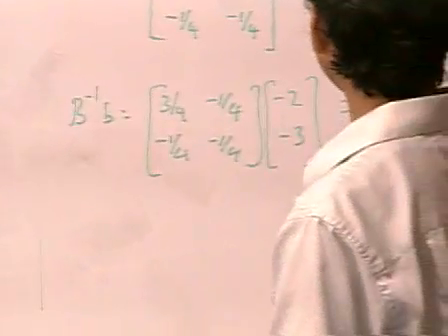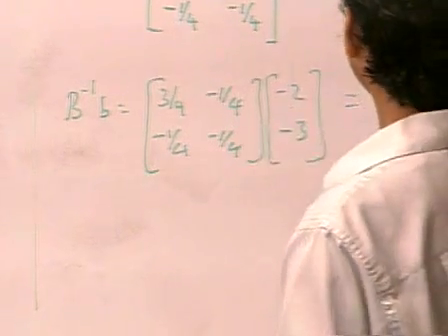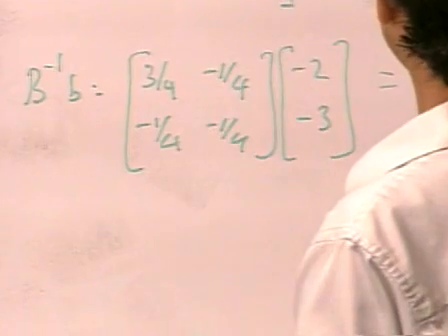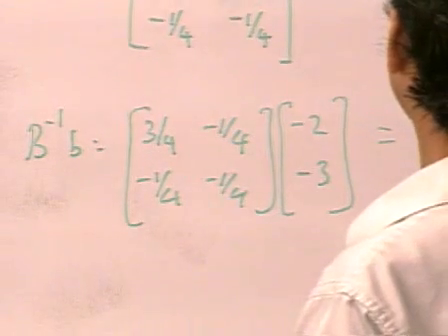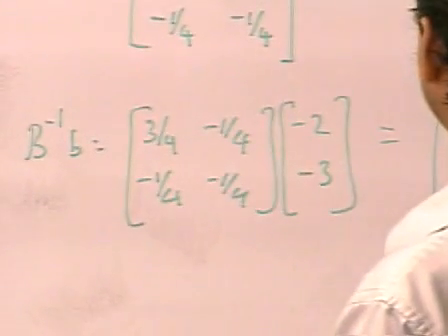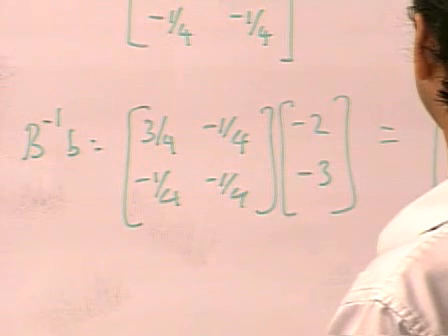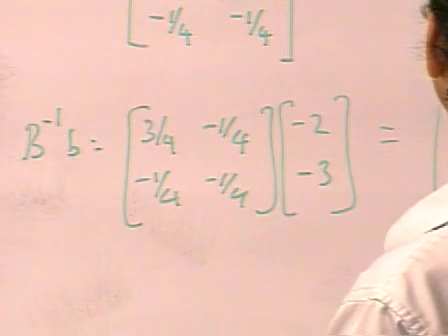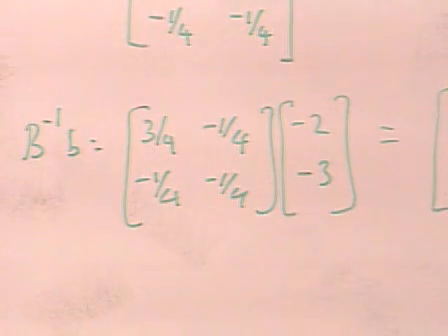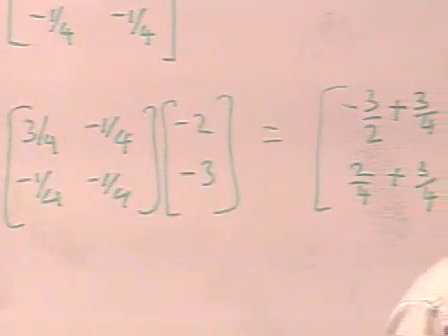This is going to give you, so you end up with -3 over 4 and 5 over 4.